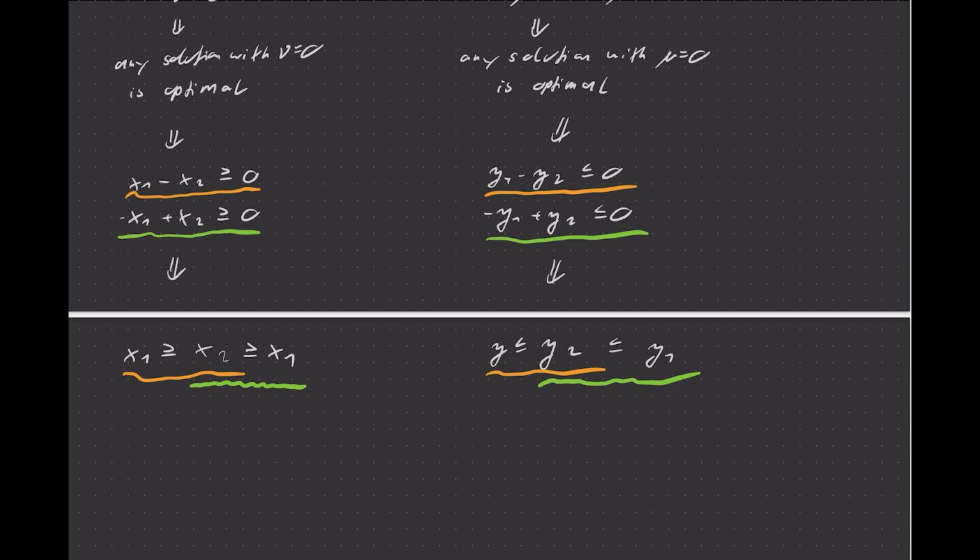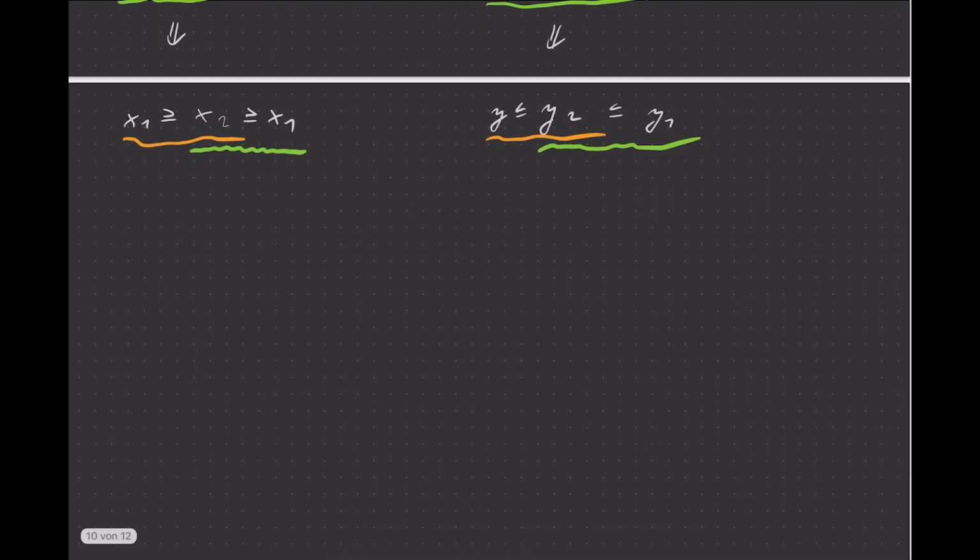And what that gives us is a very simple solution, actually. So if x1 is greater or equal to x2, which is then greater or equal to x1, that means x1 and x2 must be equal. Otherwise, that could never hold. So that means x1 is equal to x2. And of course, for the y's, we have the same conclusion. y1 is equal to y2.